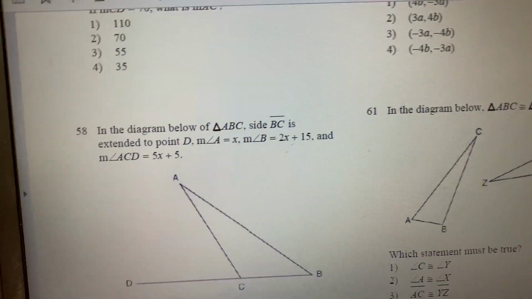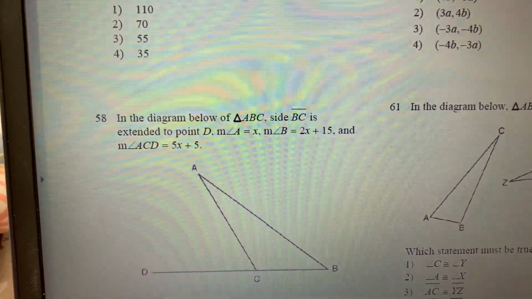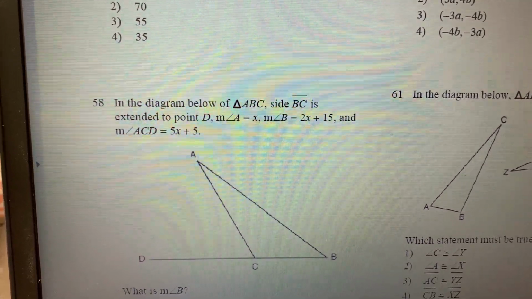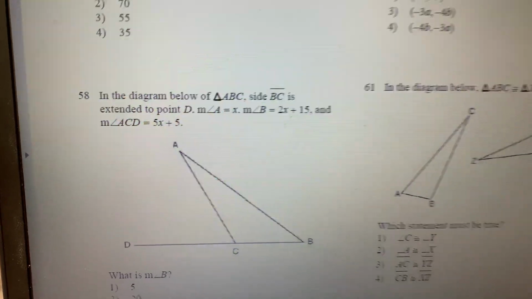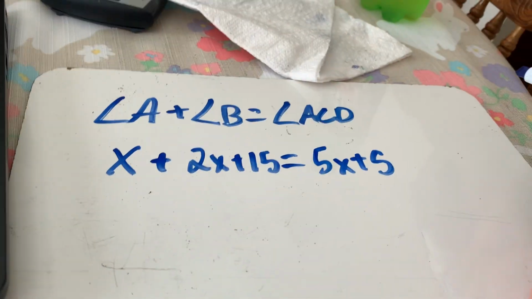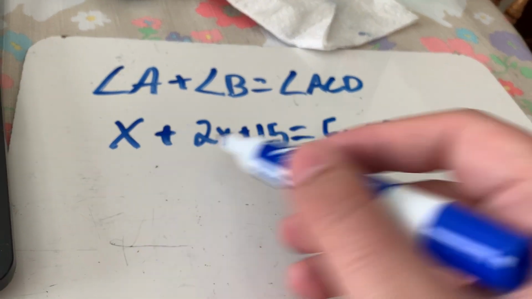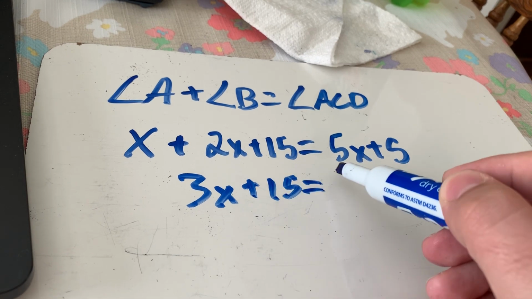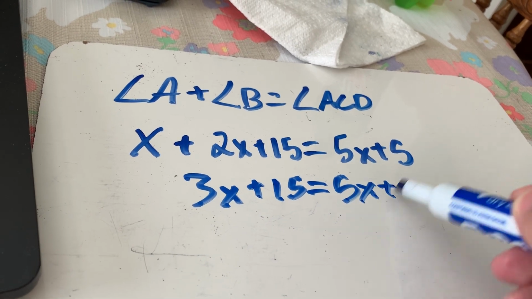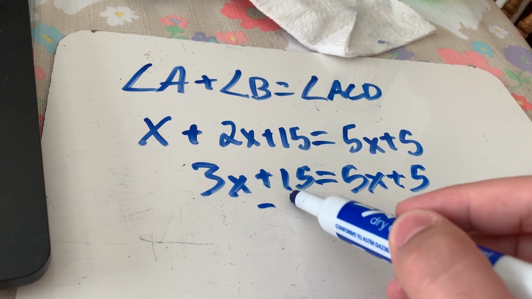So now I just fill it in. The measure of angle A is x, plus B, which is 2x plus 15, is equal to ACD, which is 5x plus 5. So now all I gotta do is my algebra here, combine like terms. 3x plus 15 equals 5x plus 5.